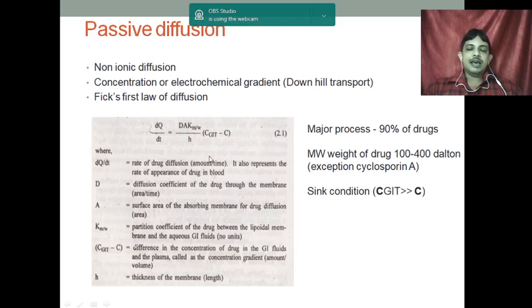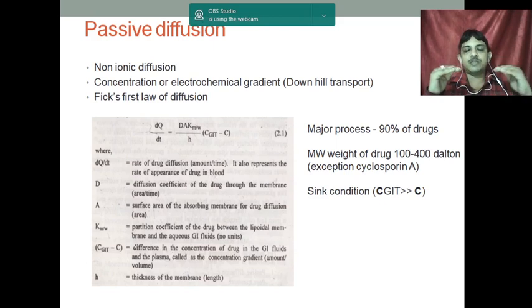Whenever we talk about movement from higher concentration to lower concentration, this movement continues until both sides reach equilibrium. For example, this is high and this is low, so the drug movement is higher to lower. Once equilibrium is reached, the transportation will stop. Theoretically that is possible, but practically it is not. Why?